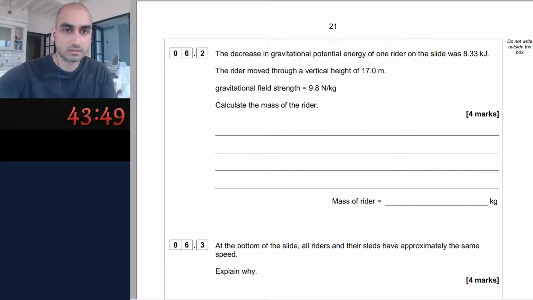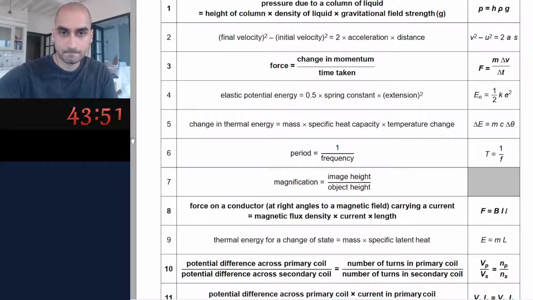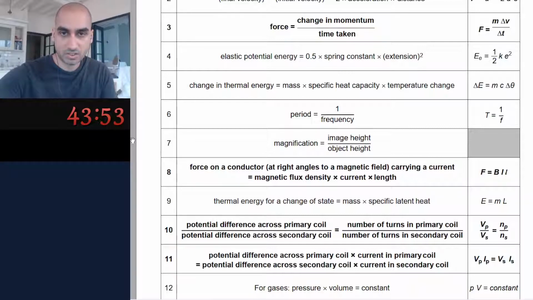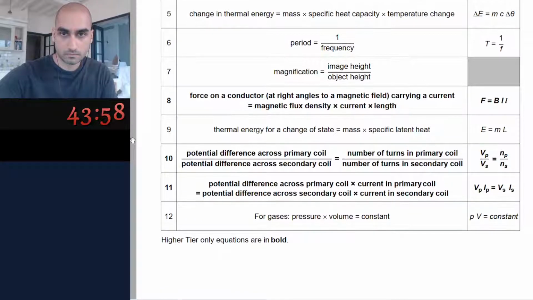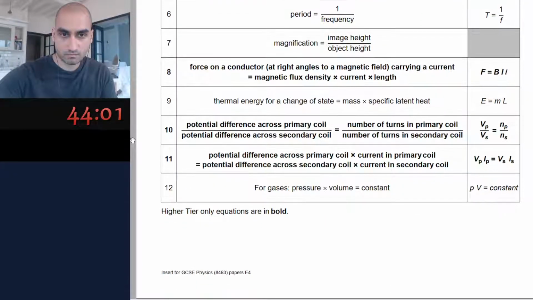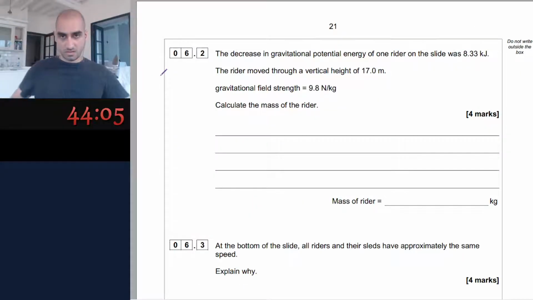Does it have anything important here? Change, no time taken. No. So got energy, got force per, so we've got field strength, which is like force per kilogram. So to find kilograms, we need to find the force. All right, fine.